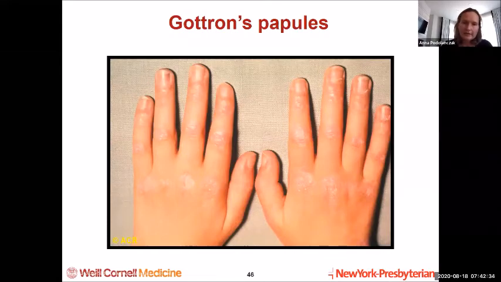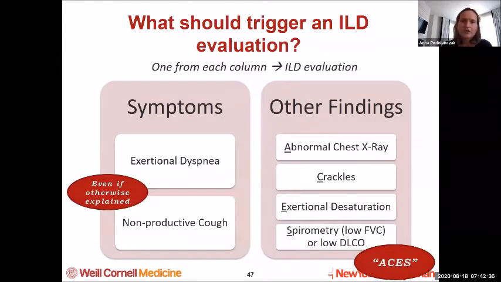joints of the hands. So what should trigger an ILD evaluation when you're seeing a patient? If you have one thing from each column, think about doing a more comprehensive ILD evaluation. So if you have a patient that has exertional dyspnea or a non-productive cough, even if it's otherwise explained, think about evaluating for ILD.